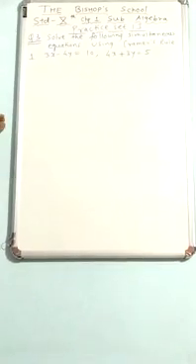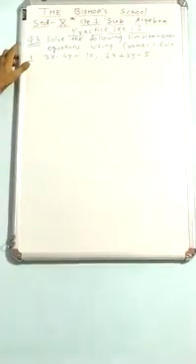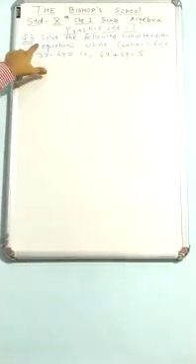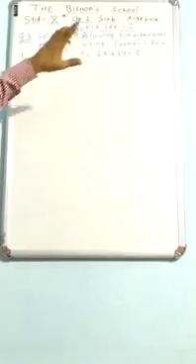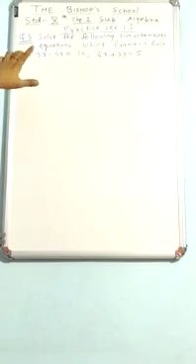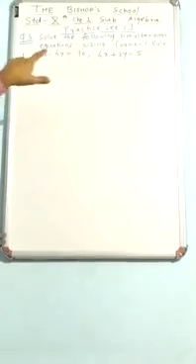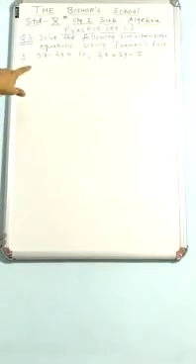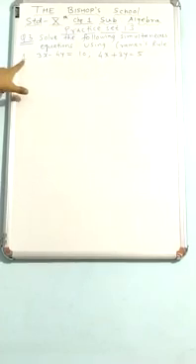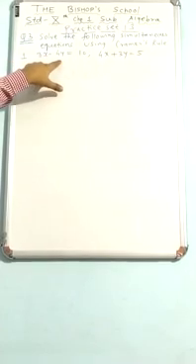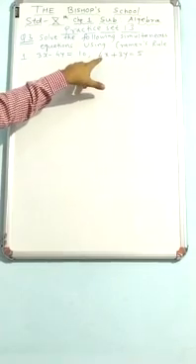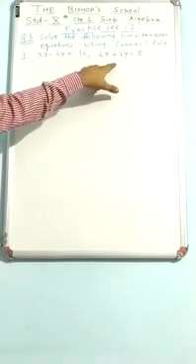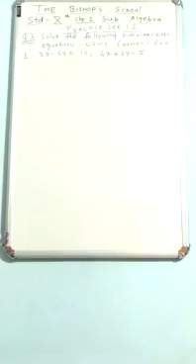Now we will continue with question number 3. The third question is: solve the following simultaneous equations using Cramer's rule. So we have to apply Cramer's rule to solve those simultaneous equations. The first question is 3x minus 4y equal to 10, and the second equation is 4x plus 3y equal to 5.